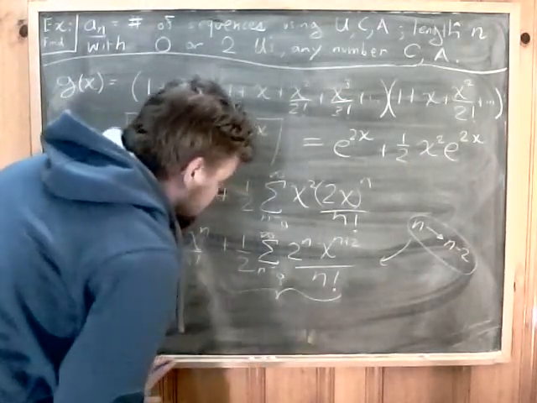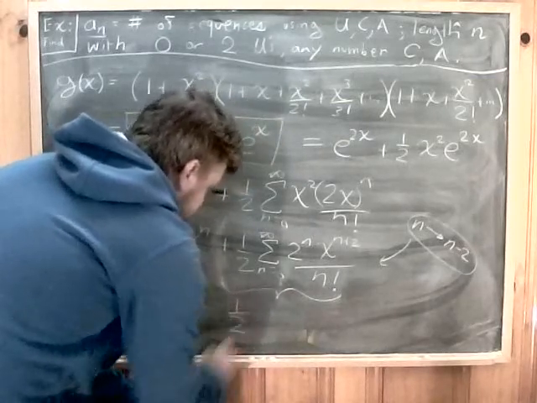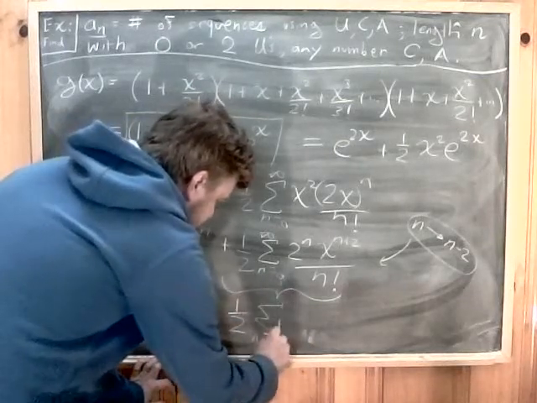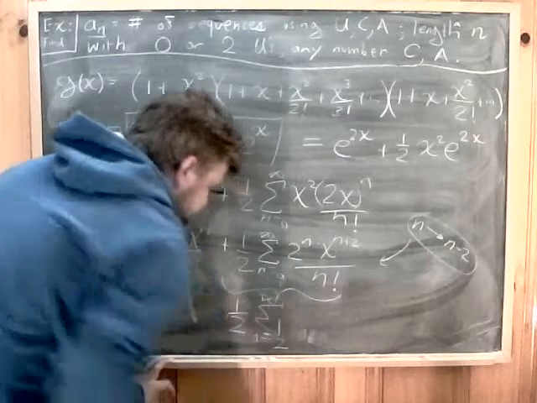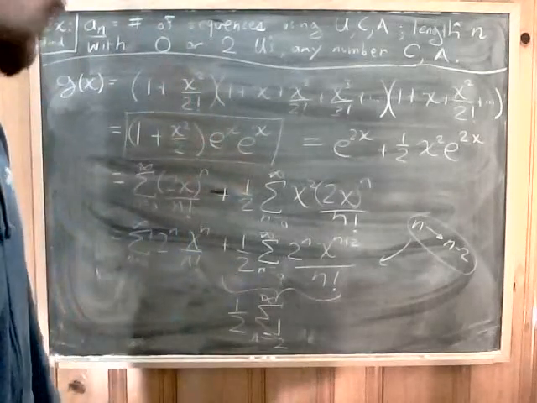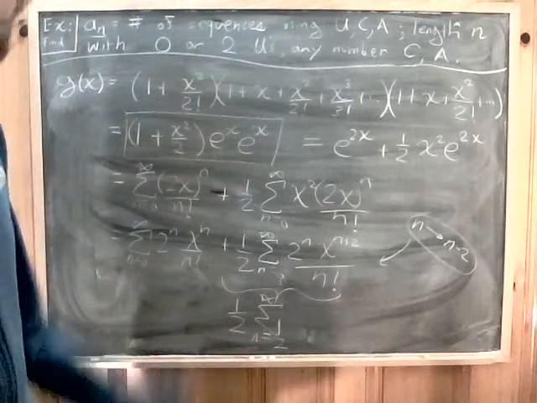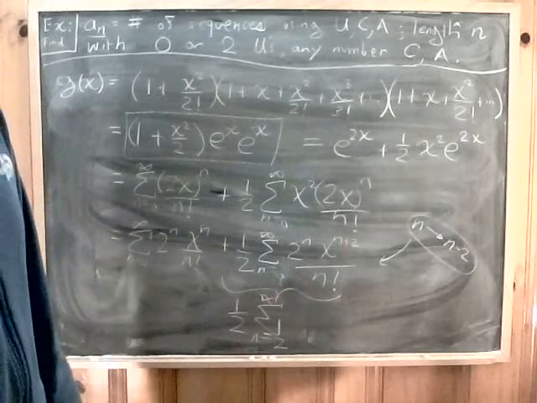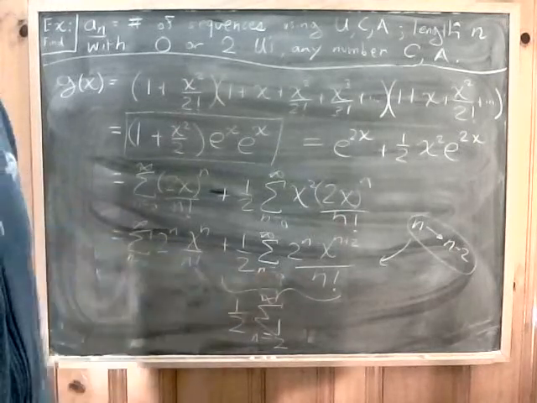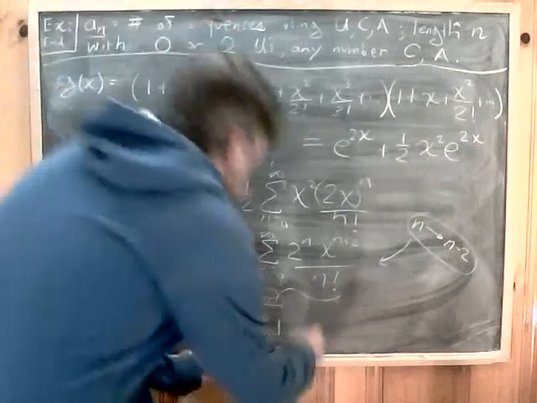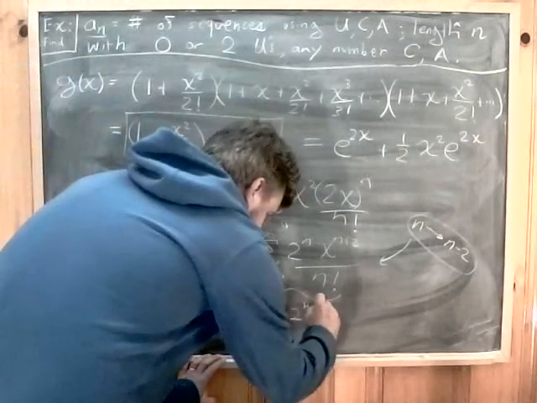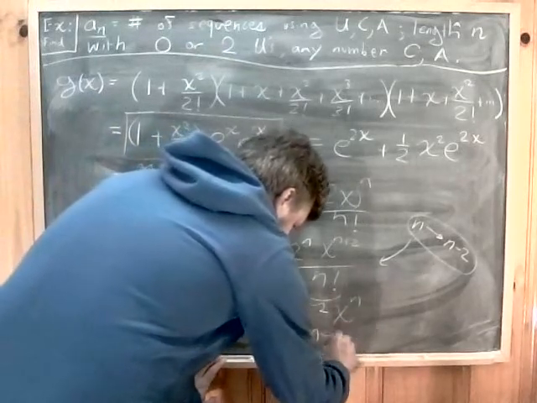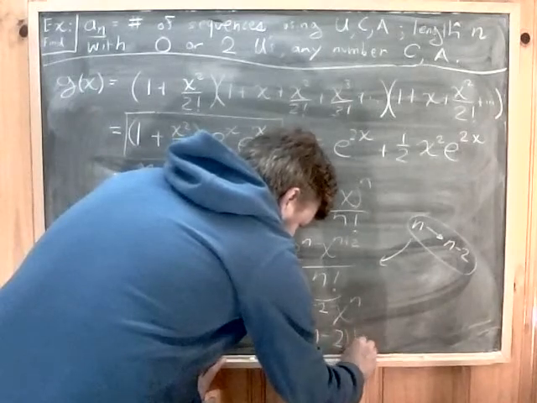I'm probably going to run out of space on the board, but this part here, re-indexed, would be n equals 2 to infinity. When you make n equals 0 to infinity, re-indexed, n goes to n minus 2. That would be like saying n minus 2 equals 0, but I can just move the 2 over and say n equals 2. Then the rest would be 2 to the n minus 2, x to the n over n minus 2 factorial.